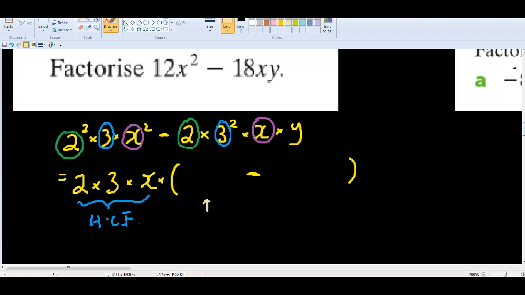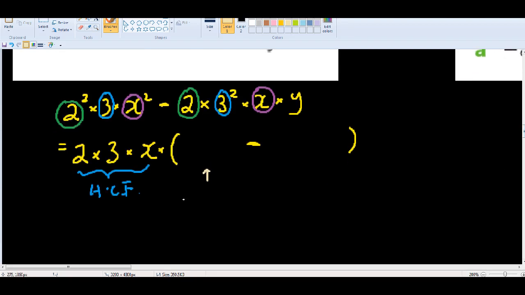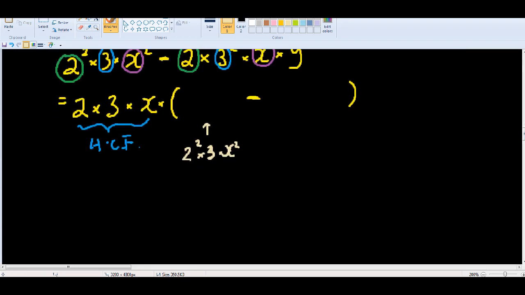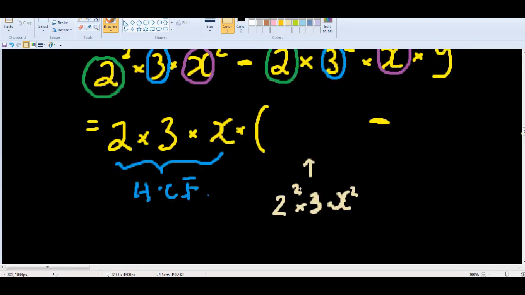Okay, so let's think if you are going to divide it. What happens? I need to write into here, if that's our original one, 2 squared times 3 times x squared, right? Possibly I need to make it bigger for you.